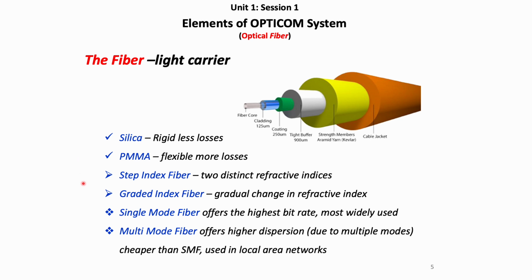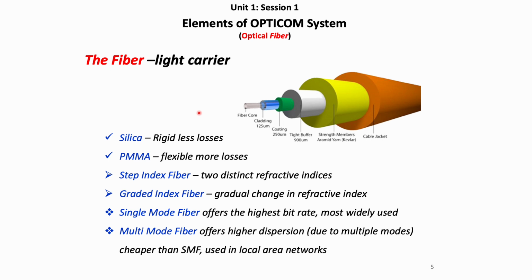Then they have mentioned the step index fiber and the graded index fiber. The name itself says index, so it is entirely based on the refractive index difference between the core and the cladding. The step index fiber means the refractive index difference between the core and the cladding is in the form of a step, that is, an abrupt transition.